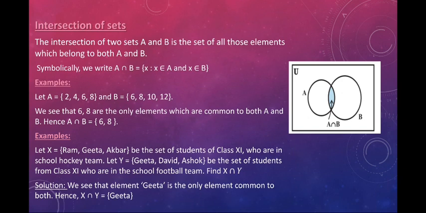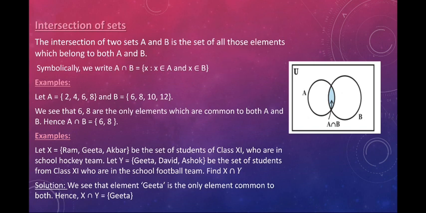Now intersection of sets, this is another operation. The intersection of two sets A and B is the set of all those elements which belong to both A and B. That means the collection of common elements from A and B is considered as A intersection B. This one is the intersection sign.